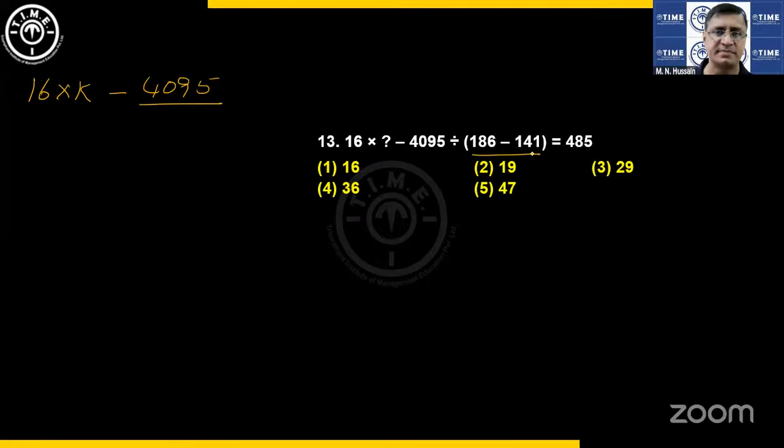First, we need to solve this. 6 minus 1, that is 5. 18 minus 14, that is 4. What is the result? 45. 186 minus 141, that is 45, which is equal to 485. Simplify. Now, what is the cancellation here?